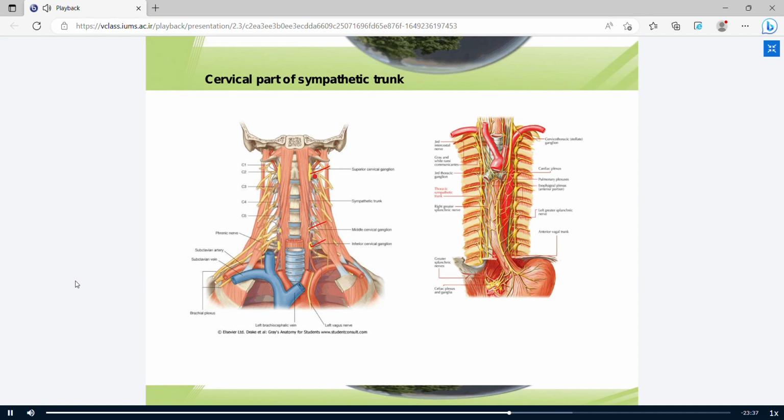The superior cervical ganglion is located near the first cervical vertebra. The middle cervical ganglion is located near C6, and the inferior cervical ganglion is located near C7 and T1.